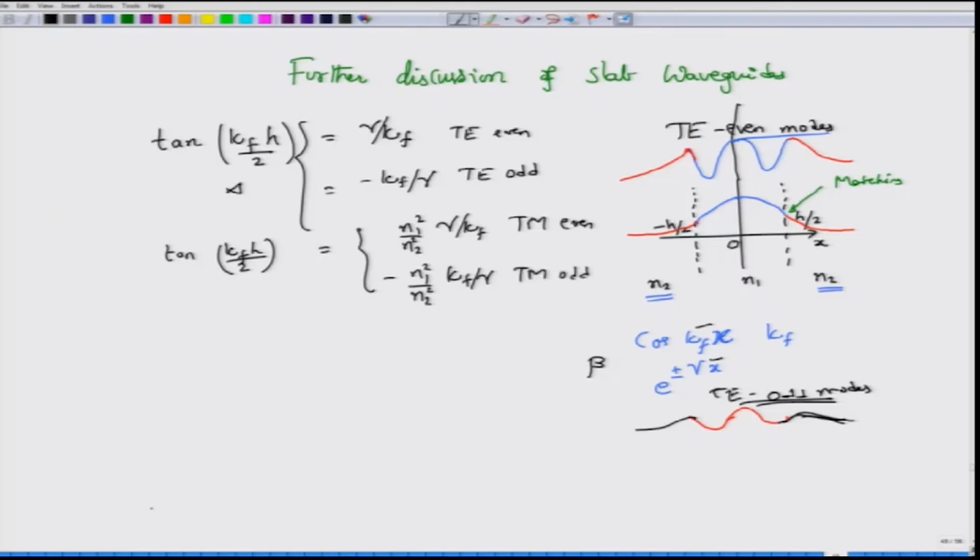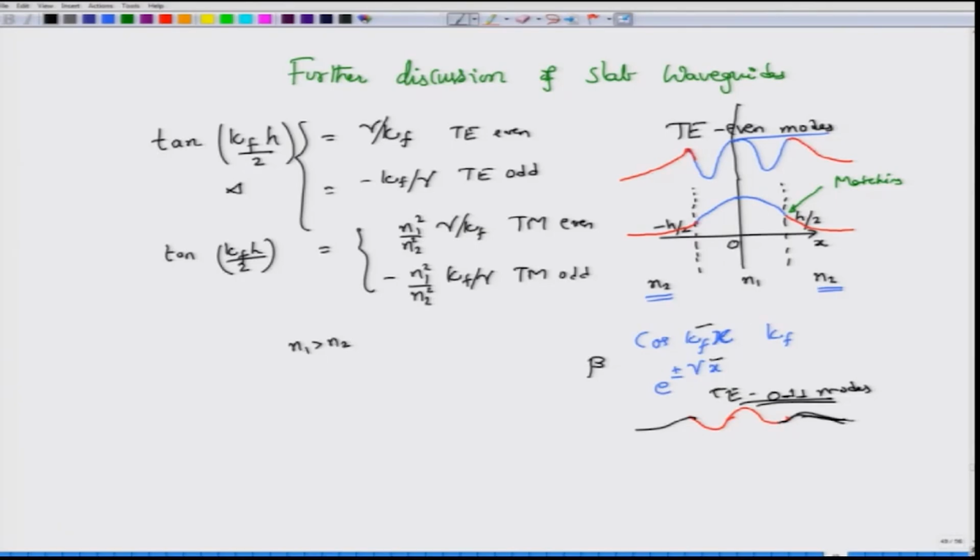Now, you can actually see that the right hand side is essentially the same as the case for the TE one, but these values are slightly larger than the TE case, because n1 is usually larger than n2. Of course, you need that scenario because you want waves to be guided in the film region.